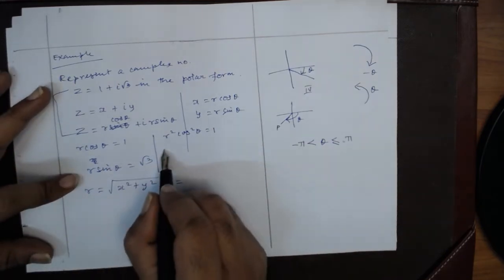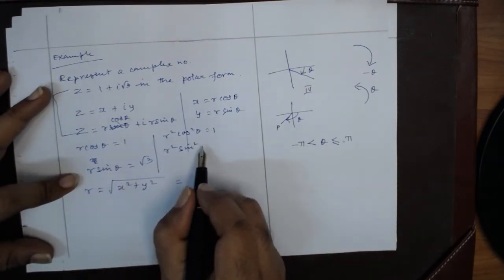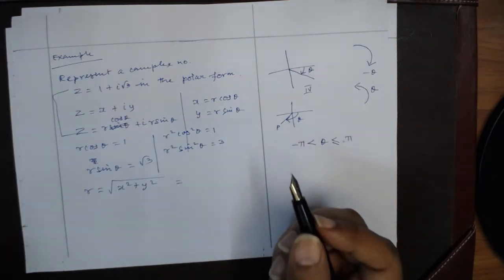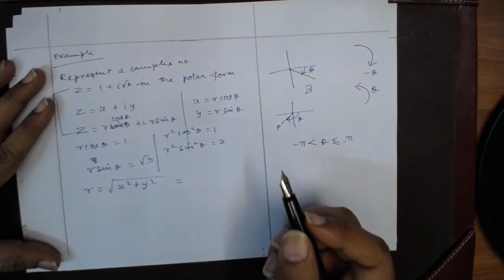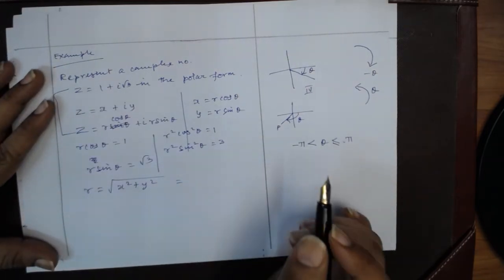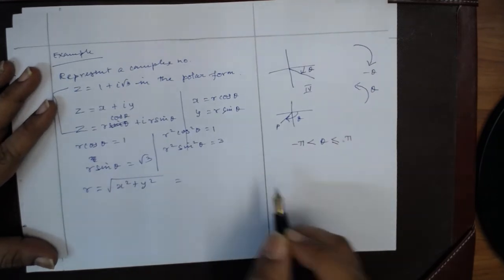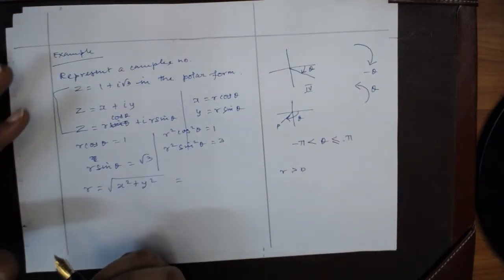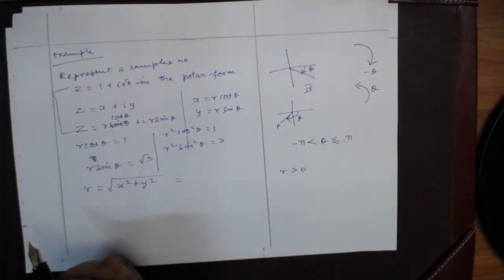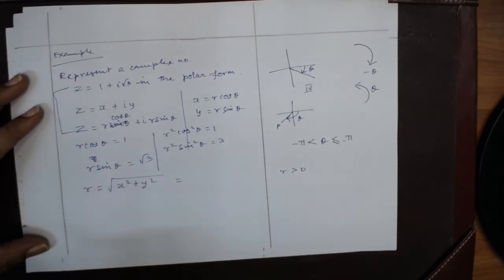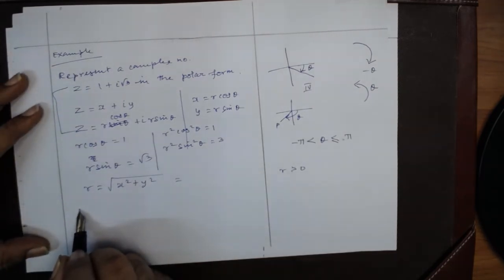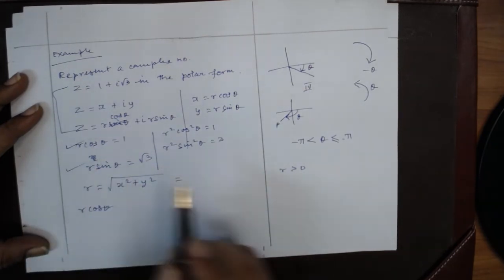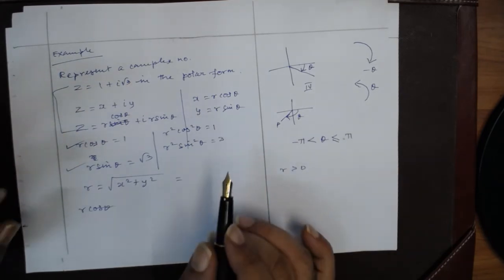And what about this? r squared sin squared theta is equal to root 3 squared, means 3. Okay. And conventionally r is greater than 0 here. We already declared r cos theta is equal to 1 and r sin theta is equal to root 3.